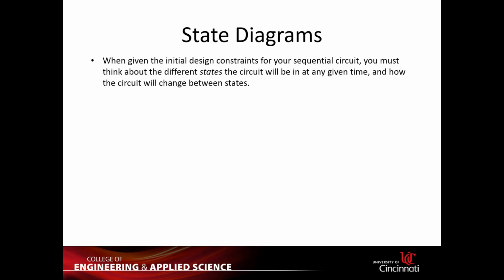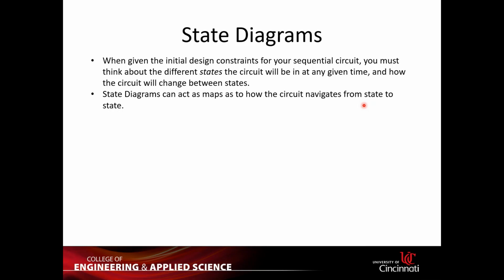The state diagram. When given an initial constraint for your sequential circuit, you must think about the different states that you need to put in your circuit, which the circuit is going to be in at a given time, and how the states are going to transition between one another based on your inputs.